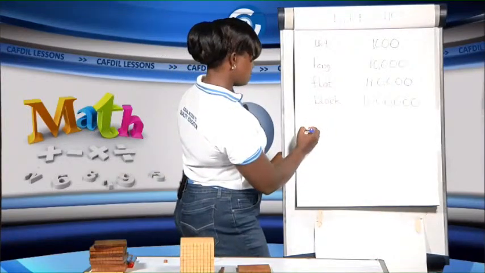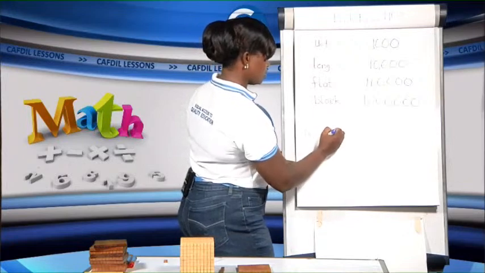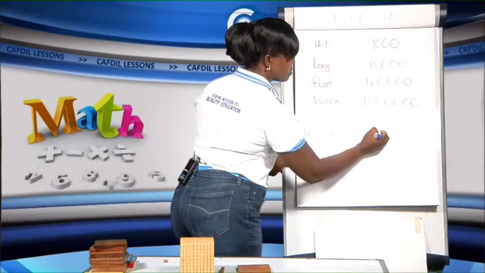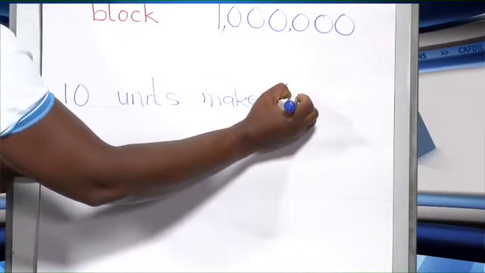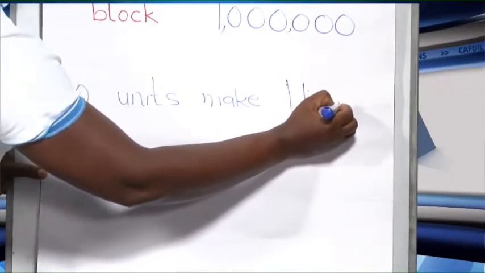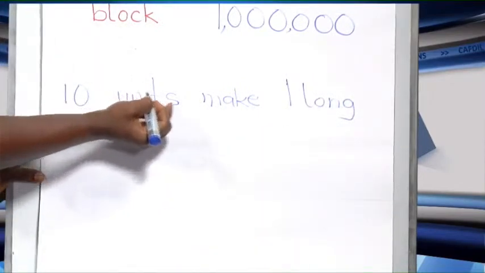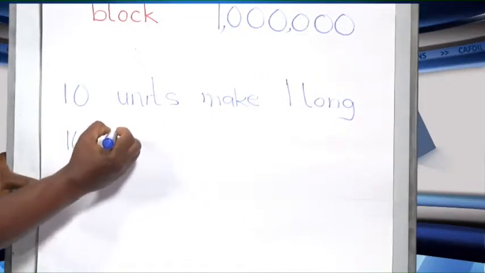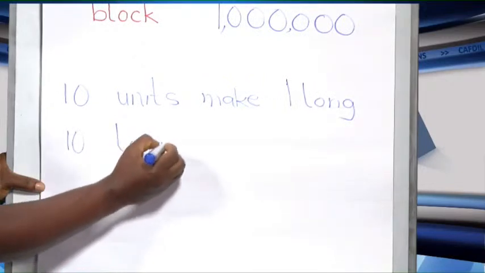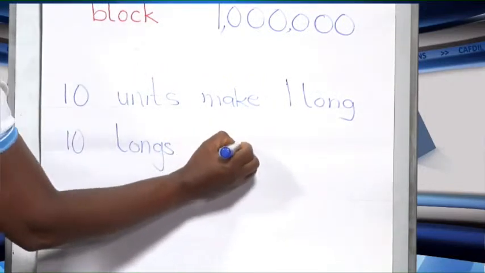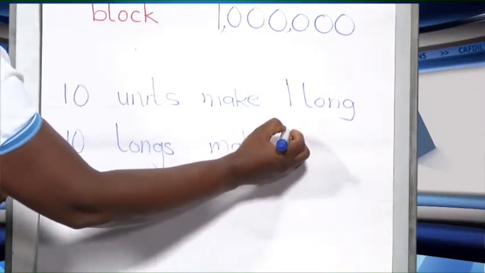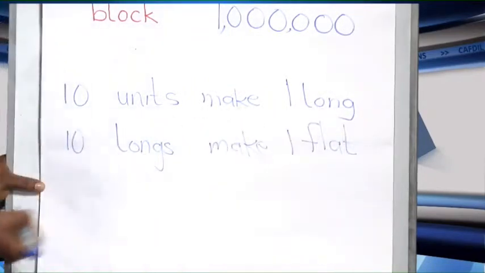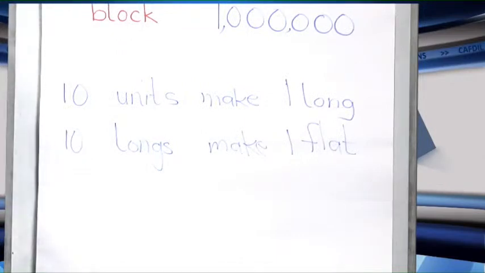10 of the units make 1 long. And 10 of the longs make 1 flat.